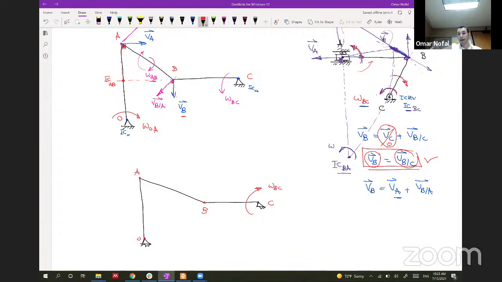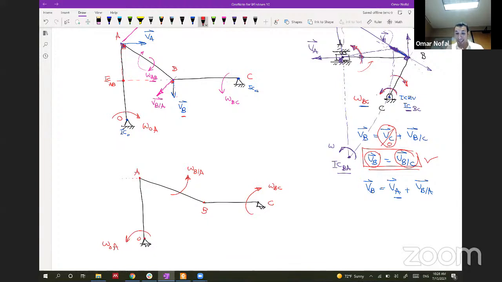So if omega BC is moving in this direction, I will know that B will be going up and this body will be moving in this direction. So it will be omega BA, because B will go up and I know that this body will be rotating this way. And if this body is rotating this way, A will be pushed in this way, so I can get the omega OA. It will be something like this.